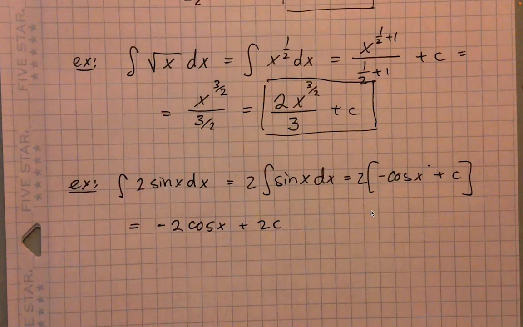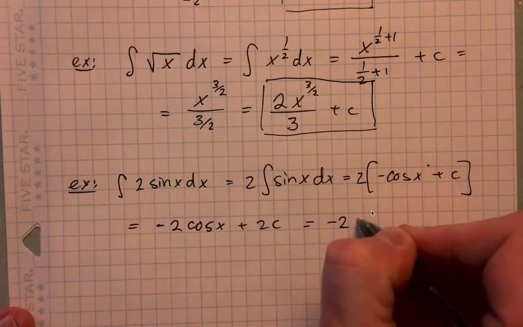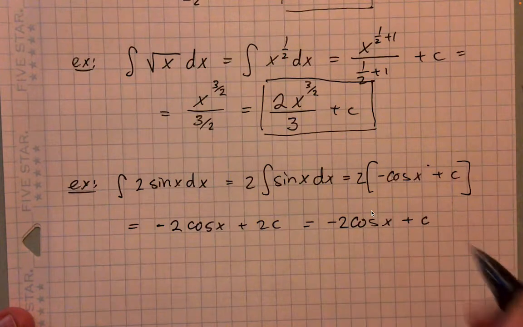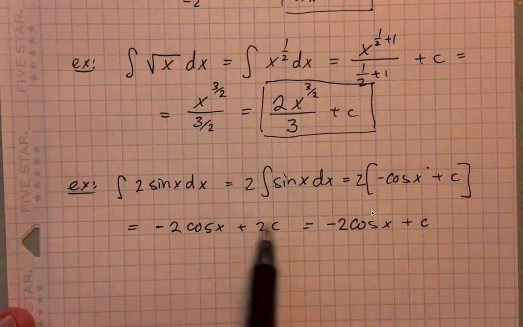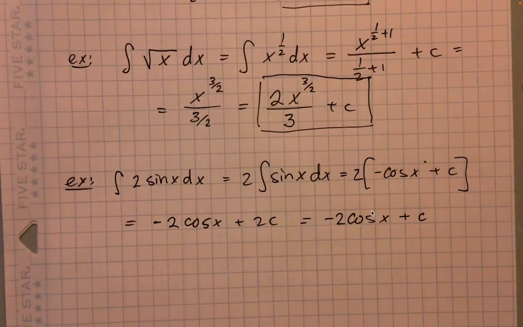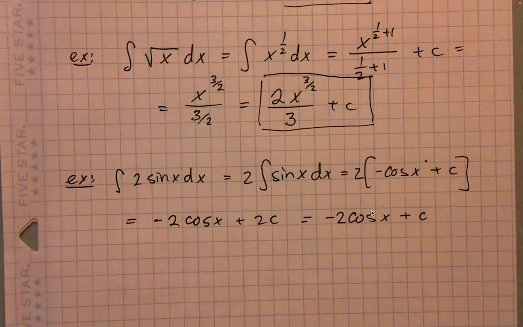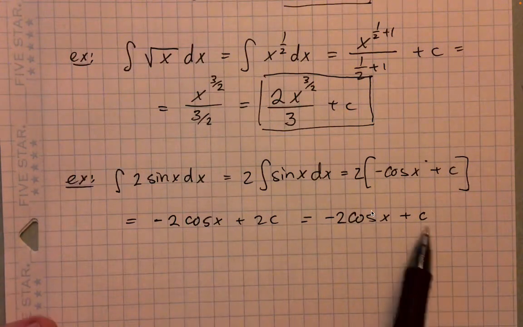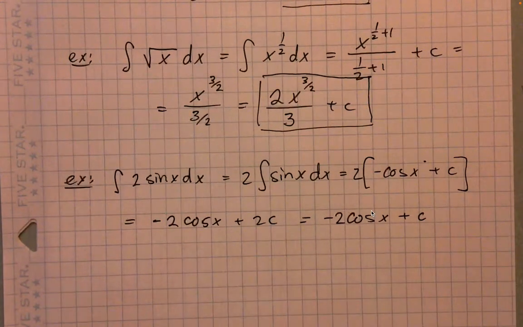Notice that 2c can be really any constant, so we don't usually retain the 2 times c in these expressions. We would instead write this as just negative 2 cos x plus c. Technically you would distribute that 2 into the c, but at the end you would say, well, a constant's a constant. It's a stand-in for a range of values, so there's no reason to write 2 times c. Plain old plus c is fine. Okay.